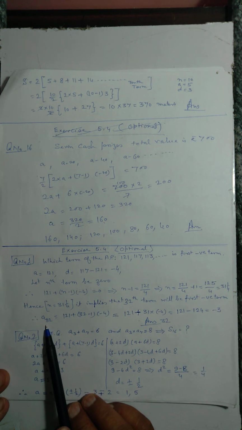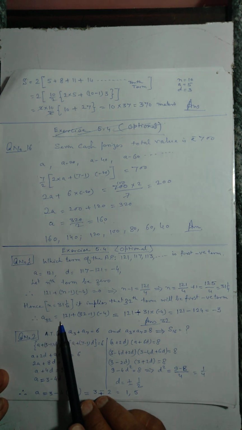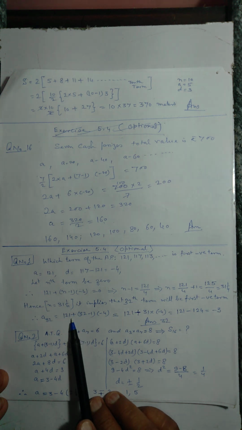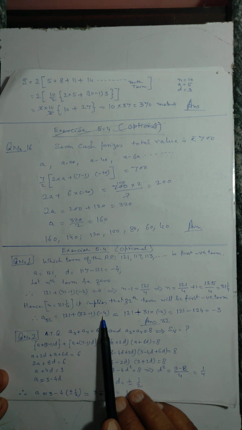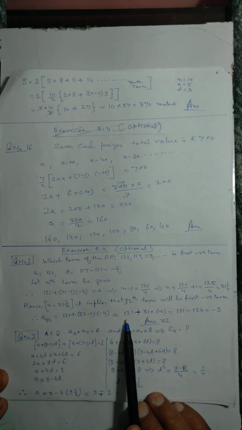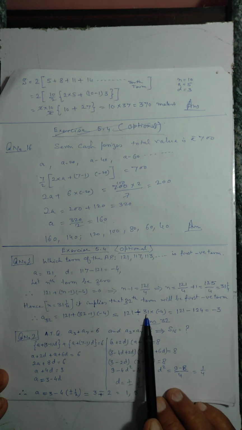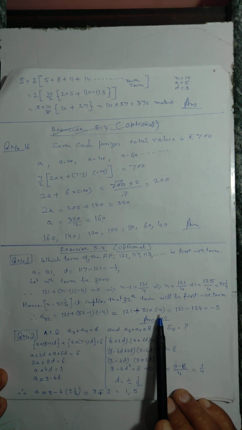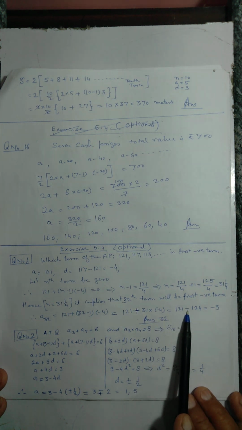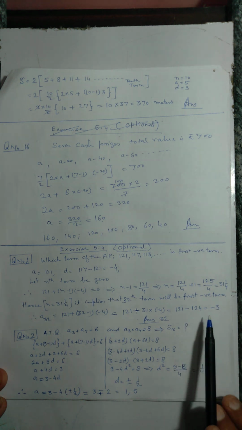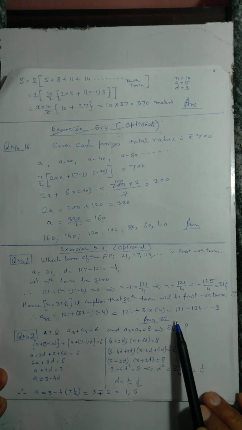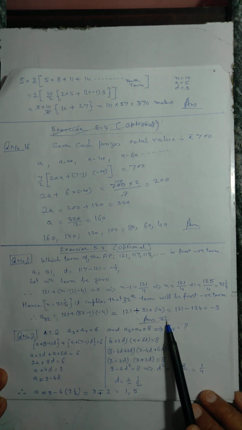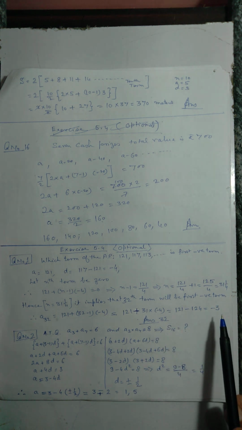Therefore a32 will be equal to 121 plus 32 minus 1 into -4, that is 121 plus 31 into -4, that will be 121 minus 124, which is -3. So the 32nd term will be the first negative number.